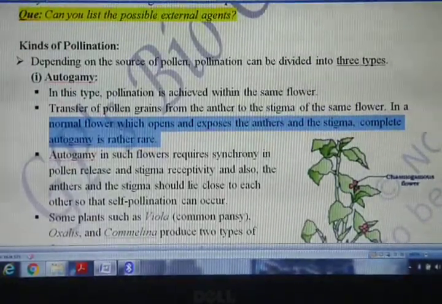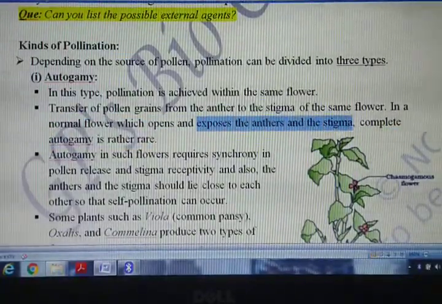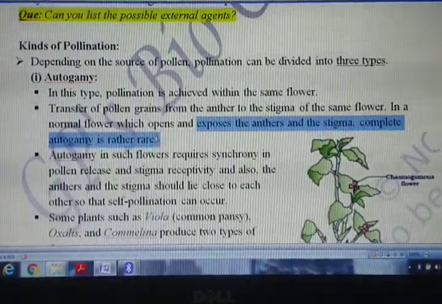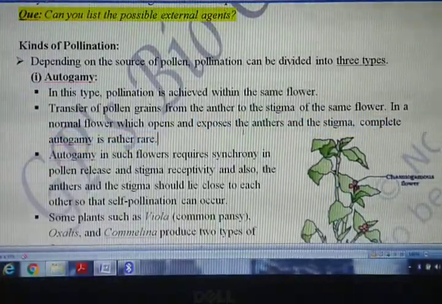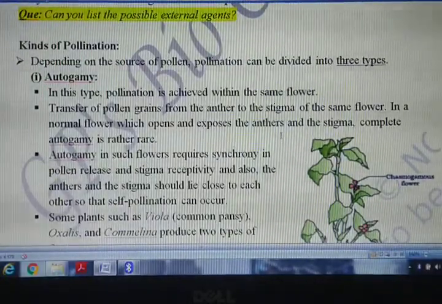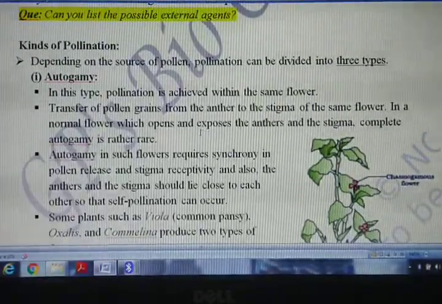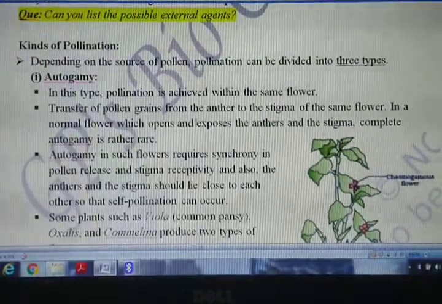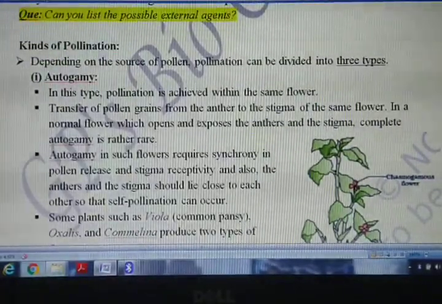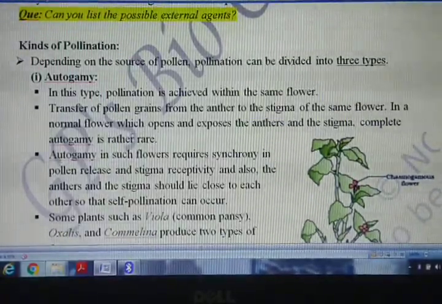In a normal flower which opens and exposes anthers and stigma, complete autogamy is rather rare. क्यों बोल रहे हैं? क्योंकि अगर मान लो कि the flowers are open, anther and stigmas are exposed, then there will be chances that the pollen grains are going to be transferred from one flower to another flower easily. So here it is quite rare, we are saying.